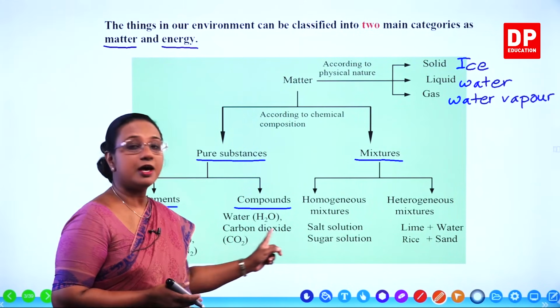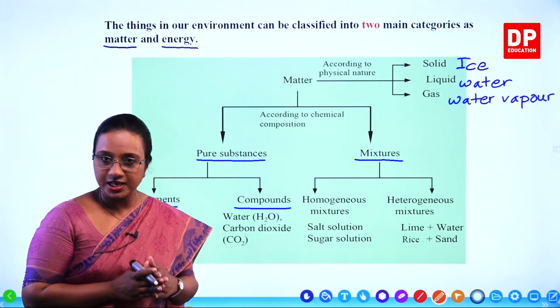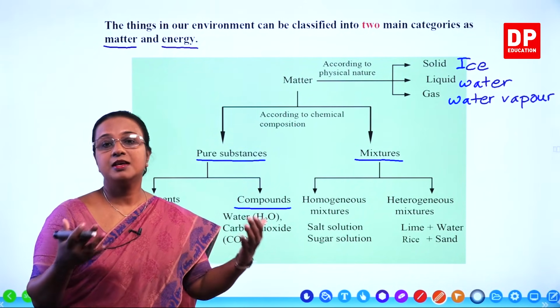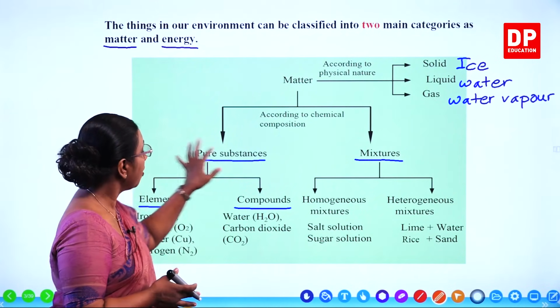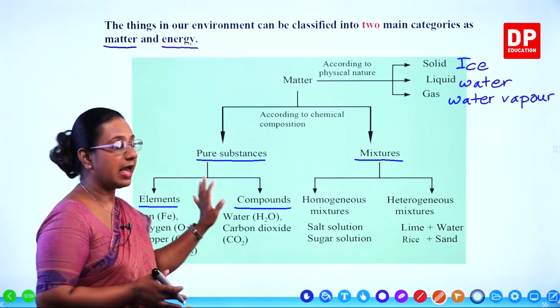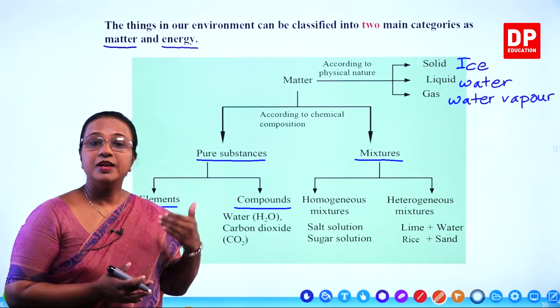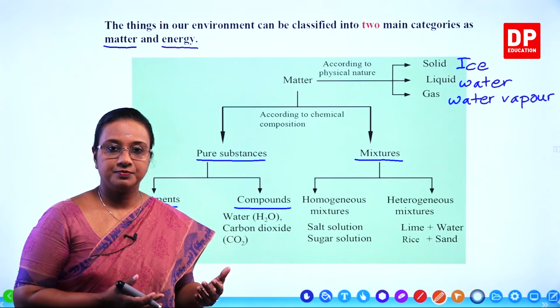Similarly, carbon dioxide. Carbon has certain properties, oxygen has certain properties, and carbon dioxide has properties of its own. So, all these, the elements and compounds, are pure substances with definite characteristics or properties.